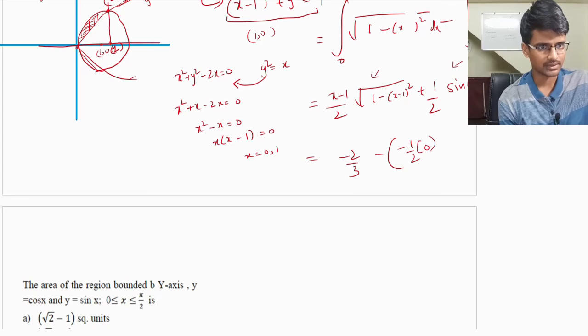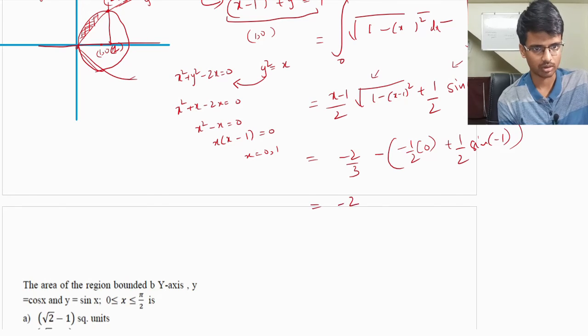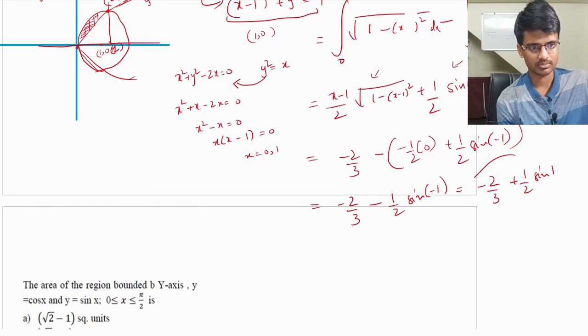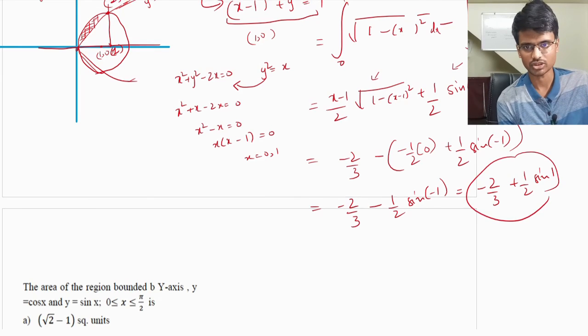Yeah, minus 1 by 2 sine inverse of minus 1. Okay, this is minus 1 when I put x equal to 0, and this term becomes 0, this term becomes 0. So again what I have got, minus 2 by 3 minus of 1 by 2 sine inverse of minus 1. Sine inverse of minus 1 is nothing but minus sine inverse of 1. So it is plus 1 by 2 sine inverse 1, right? So this is my answer. Let me check which of the following options matches.